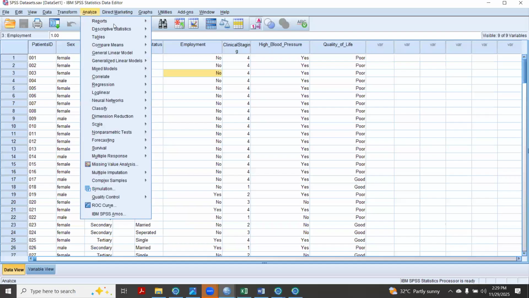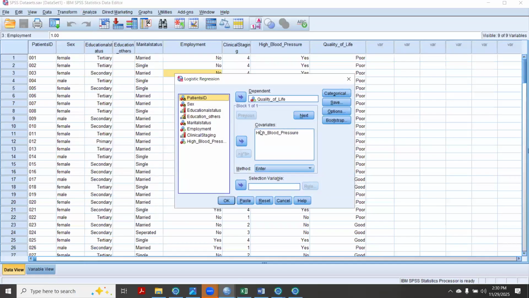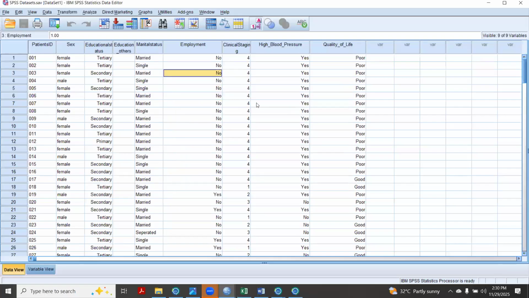In your regression, you only did high blood pressure and quality of life. What if there are other things making the high blood pressure greater? So you add them in the multivariable analysis just to be sure that high blood pressure is standing on its own, not influenced by any other thing.